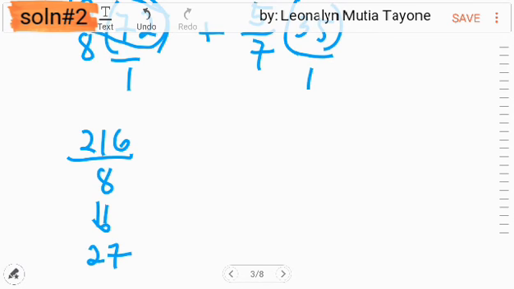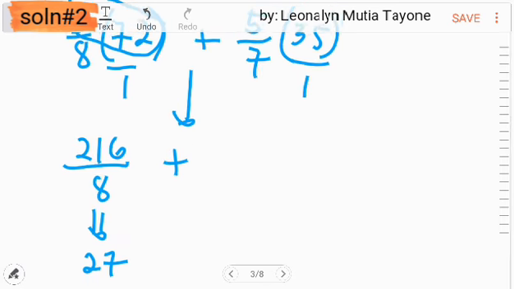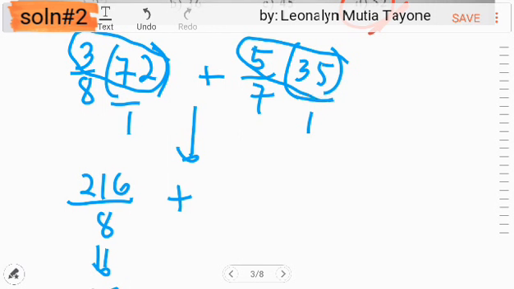Erase natin ito. Next, bring down mo yung addition natin. 5 times 35. And that is 175 over 7. Isa-isahin ulit natin.